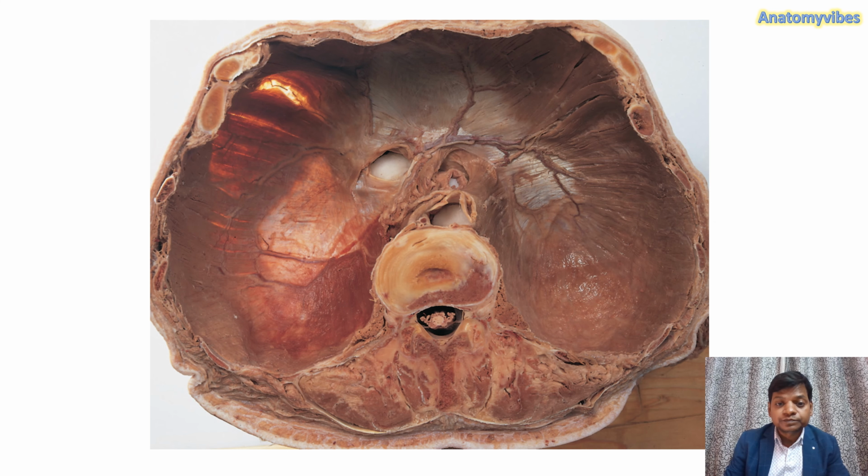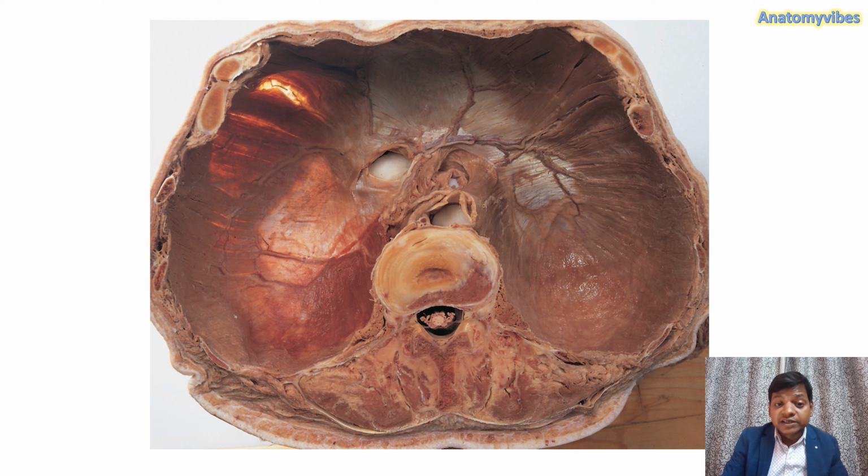Further, this is the inferior view of diaphragm. If you see the diaphragm from inferior aspect, on both sides you can see the muscular part and this central part with trifoliate appearance, this whitish part looking like a trifoliate, is the tendinous part of diaphragm. So here you can actually visualize the shape of diaphragm.